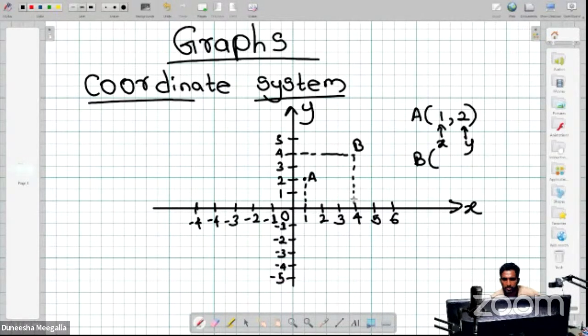What is the x coordinate of B? Aksha, what is the coordinate of B? 4,4. Yes, 4,4.